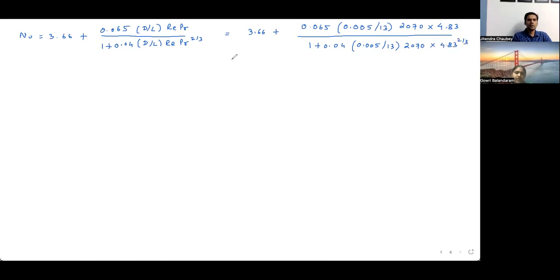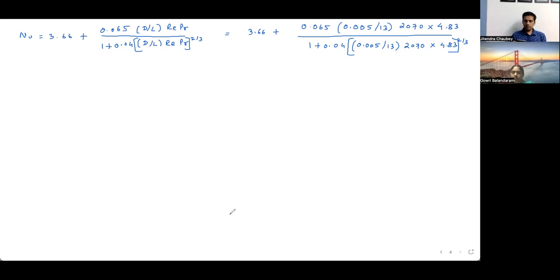The raised to 2 by 3 is for the whole thing, from the diameter over length all the way to Prandtl. My bad.